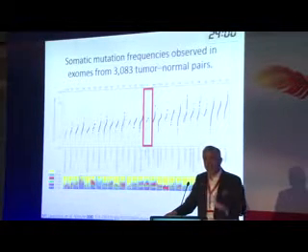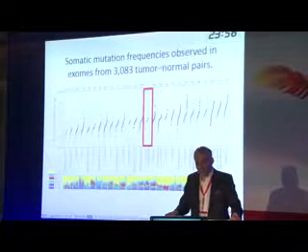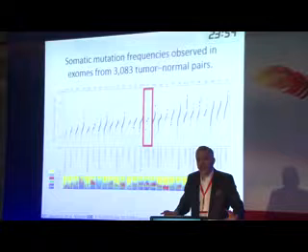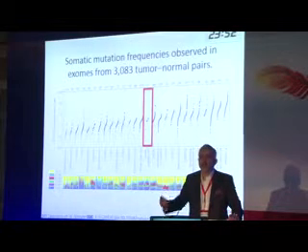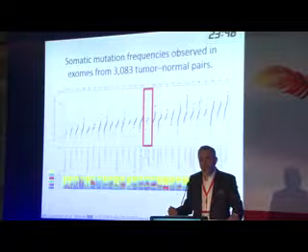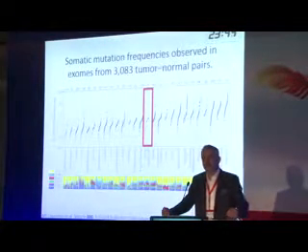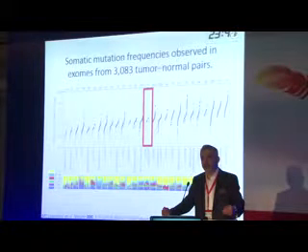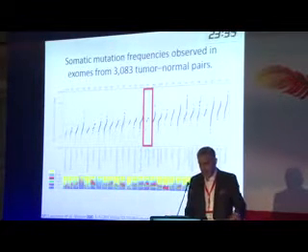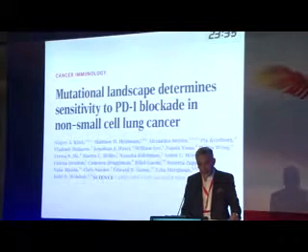But there are very important data published in Nature that correlate the mutational load of the tumor with the response to immunotherapy. Tumors with high mutational load respond better. And this is more predictive of a response to immune therapy than what we currently have, the PD-L1 staining.